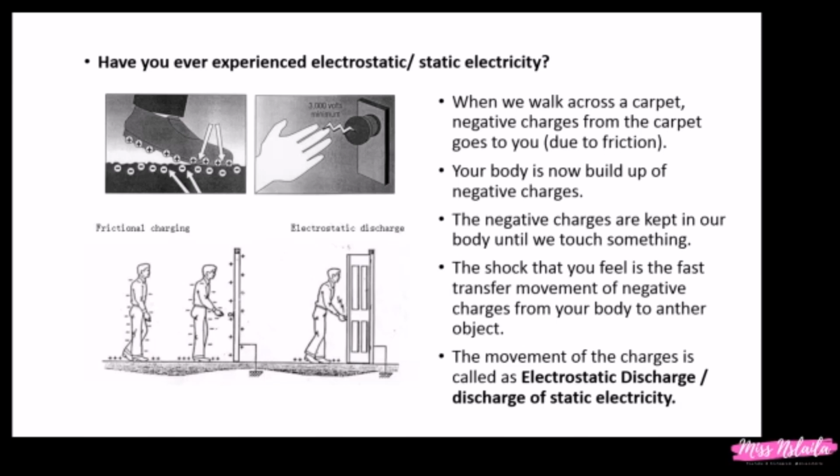That's why when we touch a metal knob, the shock that you feel is the fast transfer of negative charge from your body to another object. This movement of charge is known as electrostatic discharge, or discharge of static electricity. But don't worry, it's just for a while, and in time, both objects will become neutral again.